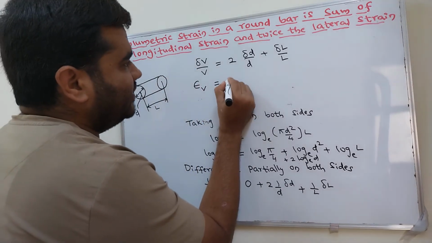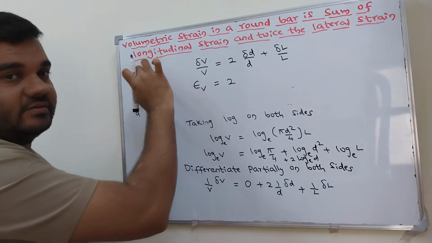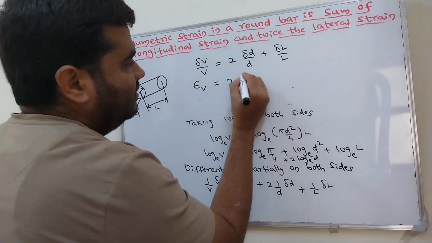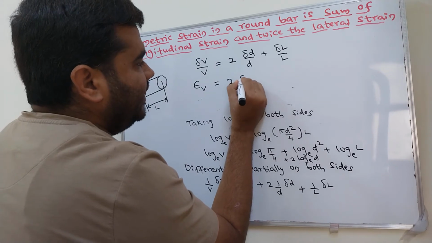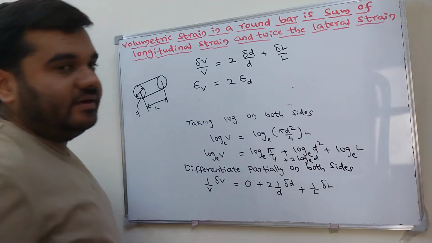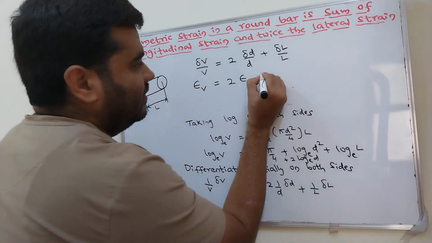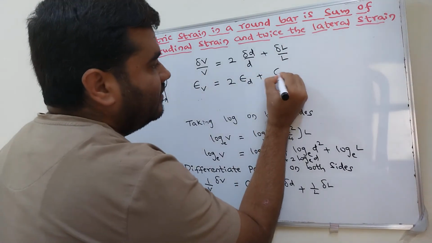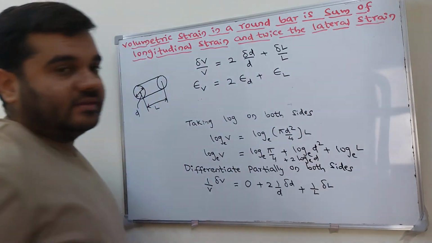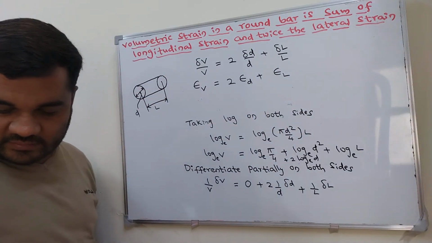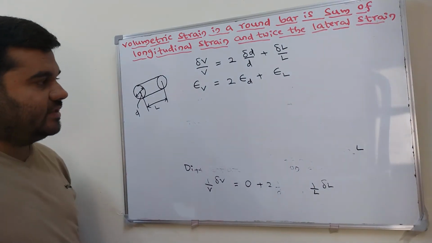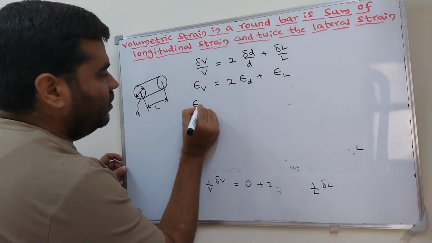Similarly, I can write this as 2 times change in diameter divided by original diameter, that is the strain in diameter, plus change in length divided by original length, that is the strain along the length, along the axis. This is the total volumetric strain.